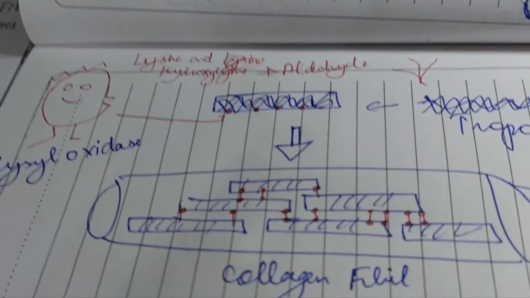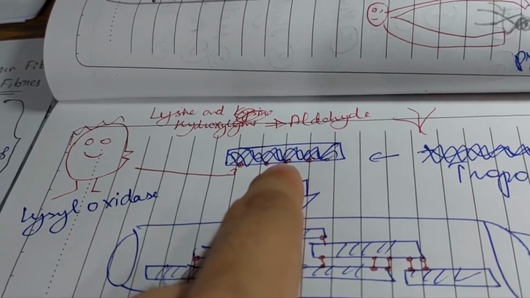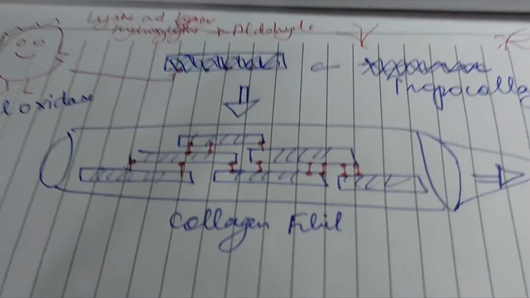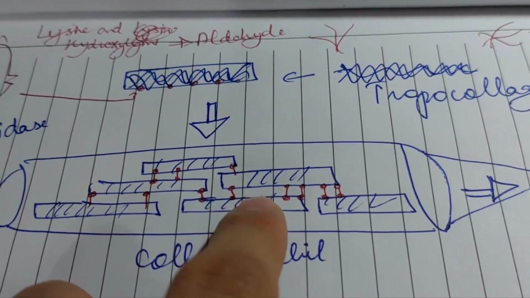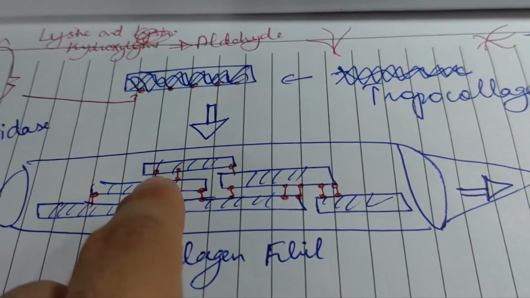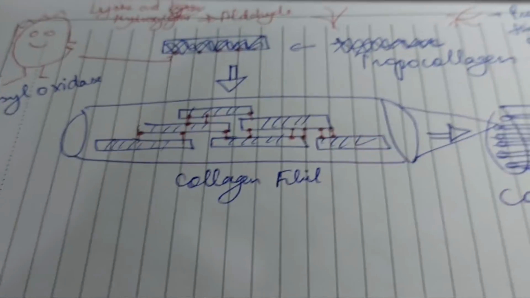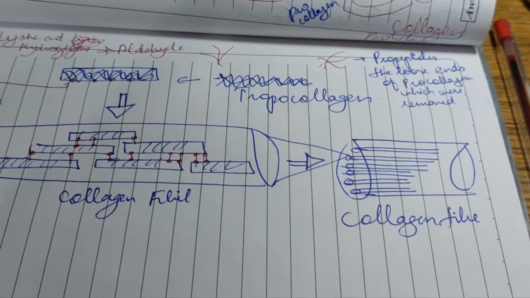But meanwhile, lysyl oxidase will convert lysines and hydroxylysines into aldehydes, and the aldehydes of adjacent tropocollagens will form strong bonds, and many tropocollagens together form a collagen fibril, and many collagen fibrils together form the collagen fiber.